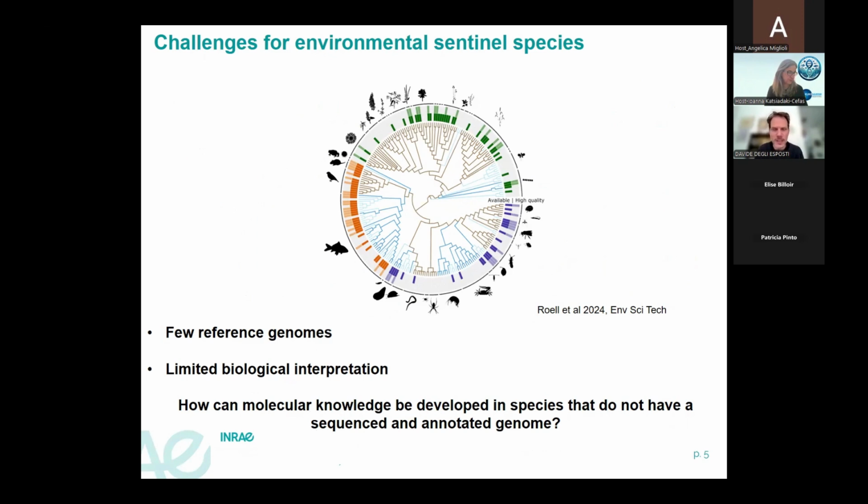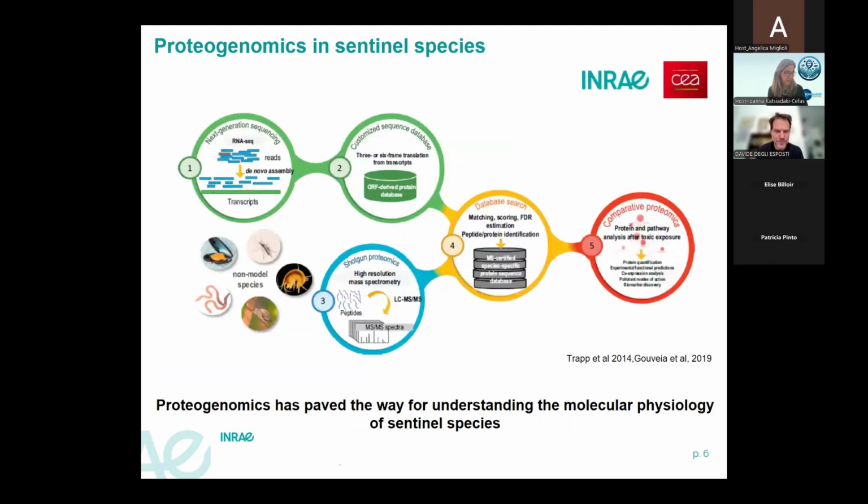This has an impact: when we perform omics approaches, we have a limited biological interpretation because the annotations are difficult to get. So how can we develop some molecular knowledge in species that still do not have a sequenced and annotated genome?